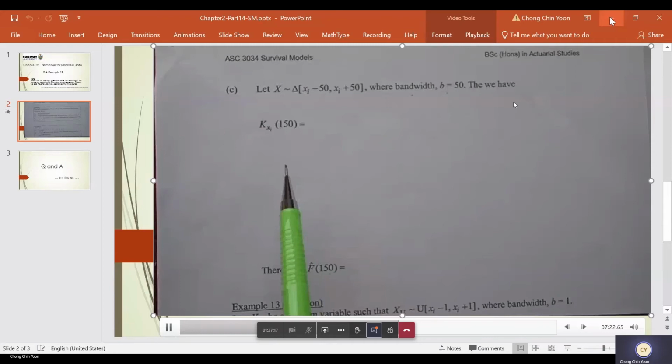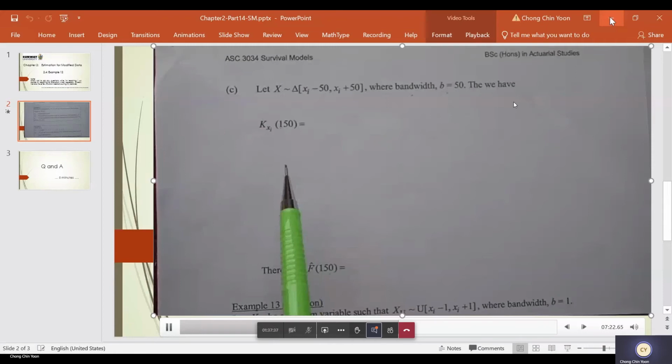The k value will be b, that is 50, plus x, 150, minus xi, squared, divided by 2b squared, that is 2 times 50 squared.